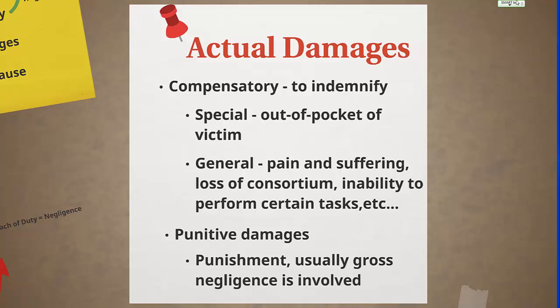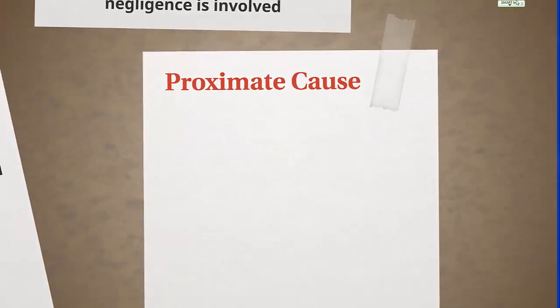So while the victim actually receives an amount for the punitive damages, they don't actually indemnify the victim. In some cases, punitive damages can be multiples of the compensatory damages. In some states, however, punitive damages are significantly limited or eliminated.